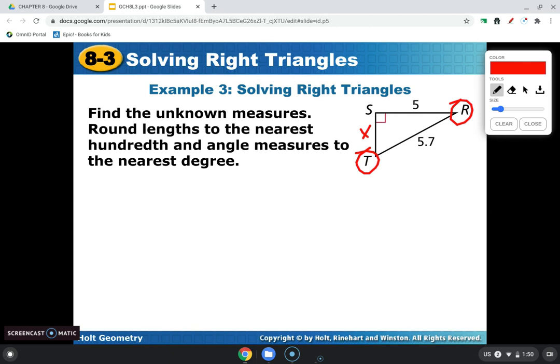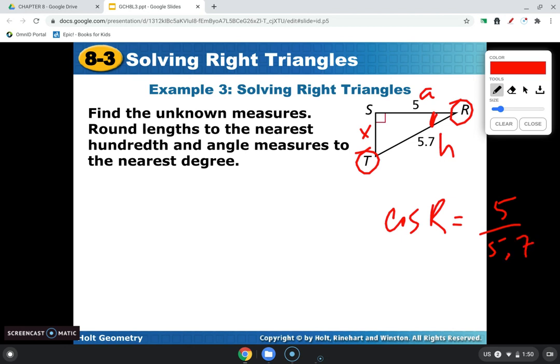Doesn't matter which one you pick first, but we're going to use trig to find that angle. Okay, so R is there, so 5 would be adjacent, and 5.7 would be hypotenuse. So that would be cosine R equals 5 over 5.7.